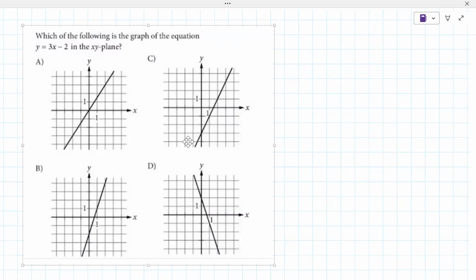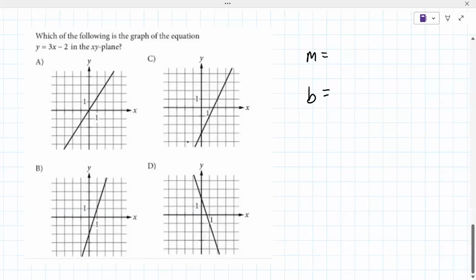So would it be 3/2? What is 3/2? What are you saying is 3/2? Oh, I guess it's C. So I recommend figuring out what's the slope and what's the B value. What is the slope of this? Slope is 1.